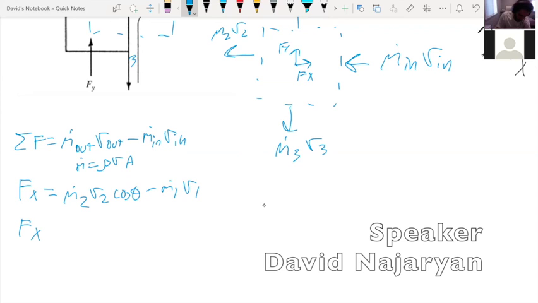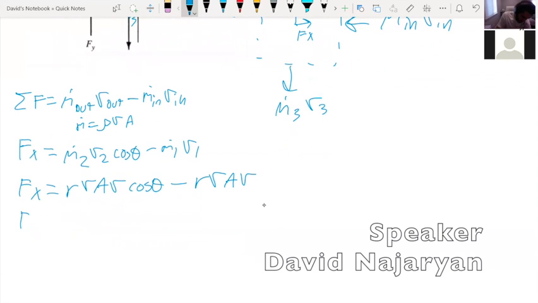So Fx becomes rho, again R, times the velocity, which is the same throughout, so we're going to use V, times A, times the velocity again, cosine theta, minus the same thing for the first portion.